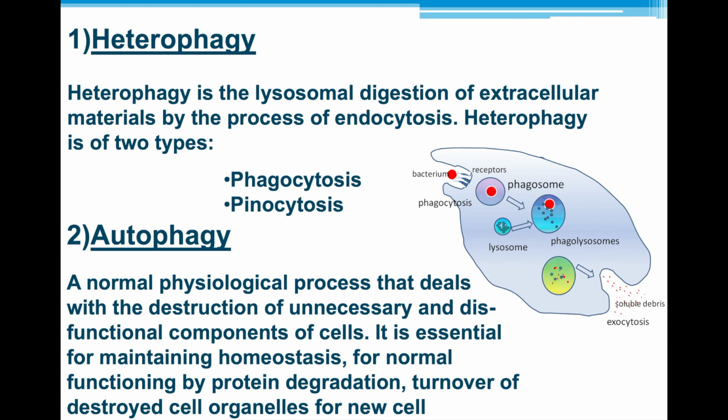Heterophagy is of two types. First, phagocytosis. Second one, pinocytosis. Phagocytosis means cellular eating. It is an intake of solid particles with the formation of vesicles called phagosomes.